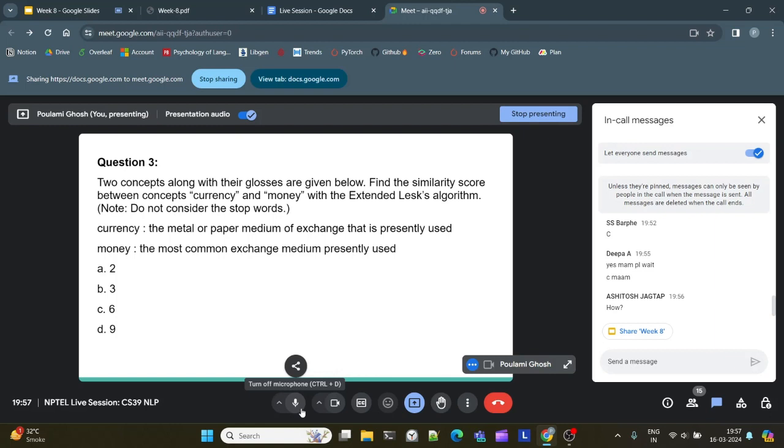The word exchange is occurring one time, and the word medium is also occurring one time. Therefore, I took 1 raised to 2 for exchange plus 1 raised to 2 for medium. And this is how I got the result as 6.